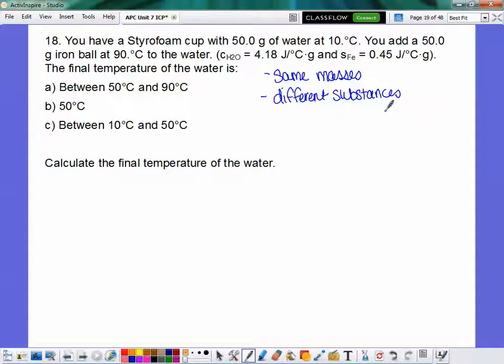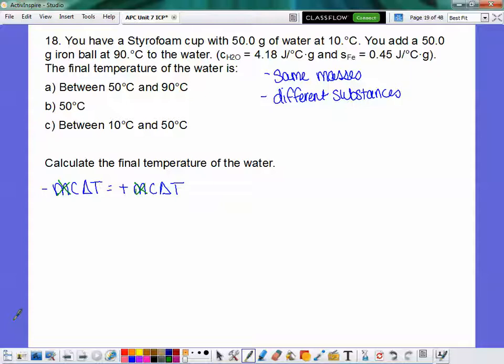So when we actually do the calculation, negative MCAT equals positive MCAT, what term can be canceled? M. Makes it a little bit easier. Now you can leave it in, but it's just an extra step. Here we have a styrofoam cup, like a coffee cup calorimeter, which you're going to be doing in the lab next class.